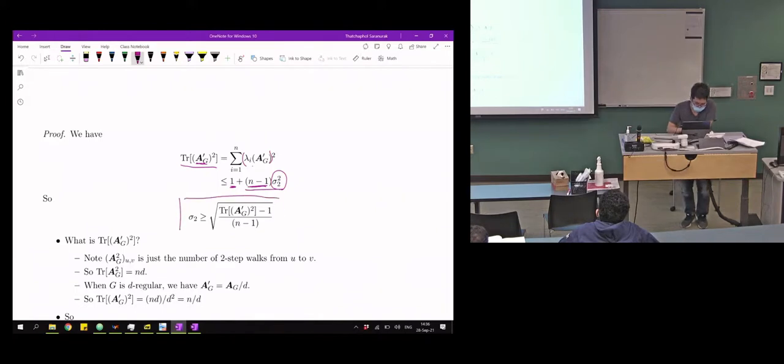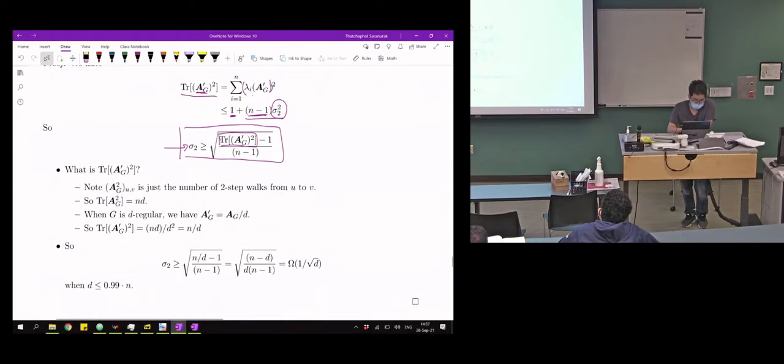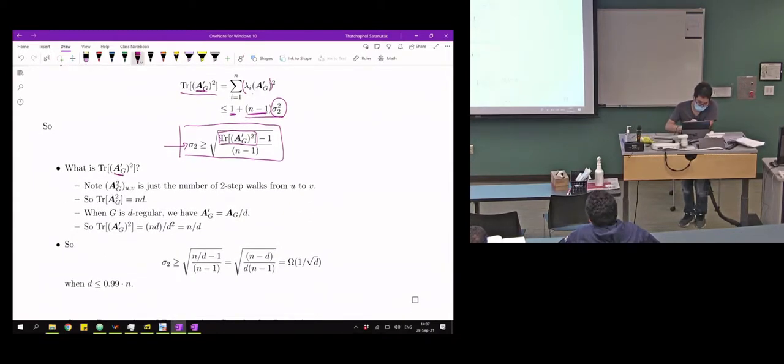But okay, so we just rewrite things, and we get some lower bound of sigma 2 in terms of this trace. So let's interpret what this trace is. First of all, instead of looking at A prime, let's look at A squared. The entry uv of A squared is really just the number of two-step walks from u to v.